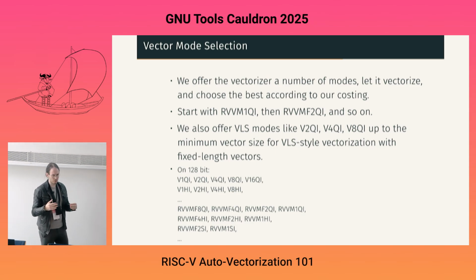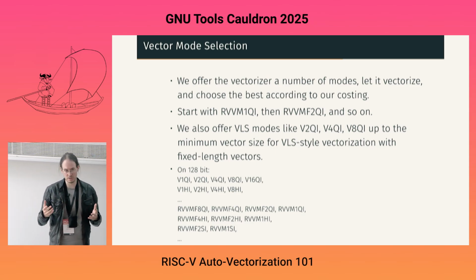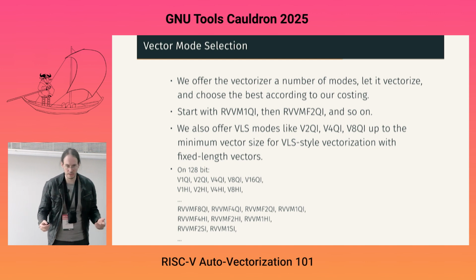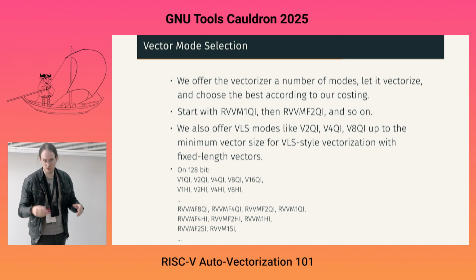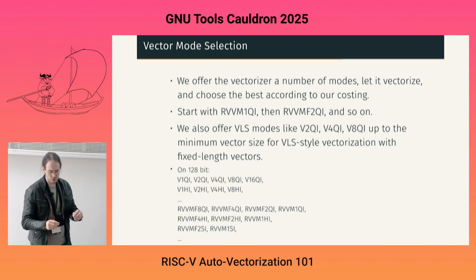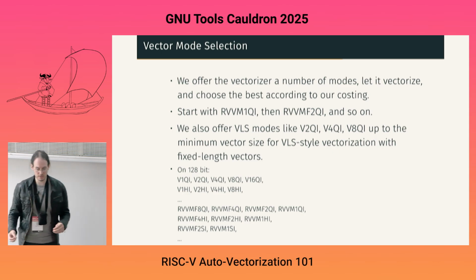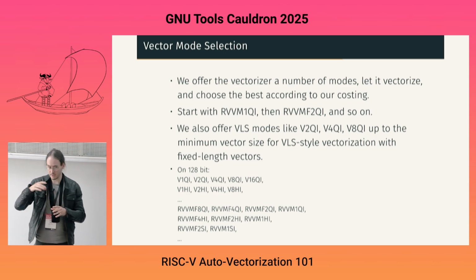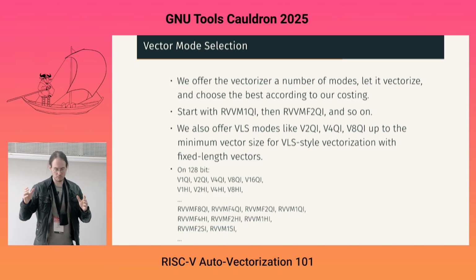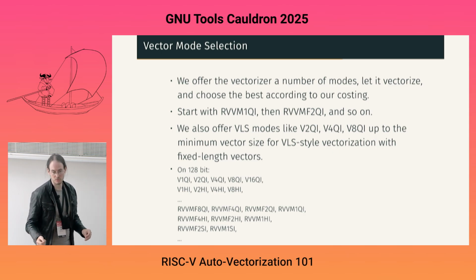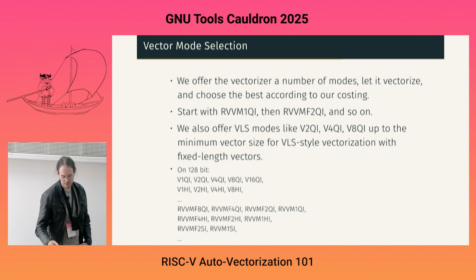And this offers you a bit of a best of both worlds again, because up to that size, for X264, a good example again, many loops are small and use small element sizes, then you can just have a VLS style vectorization with all the benefits it has in the vectorizer and still vectorize other loops that need a large vector size with the VLA approach. So this helps us a lot, especially in X264.